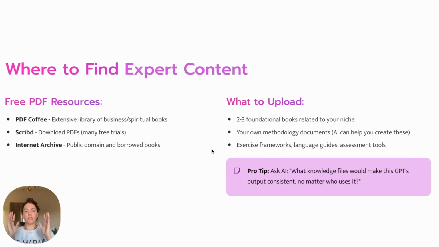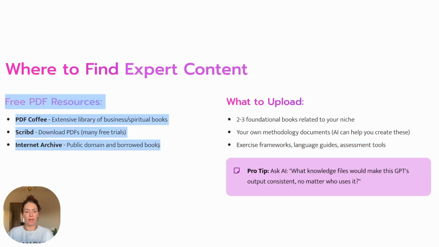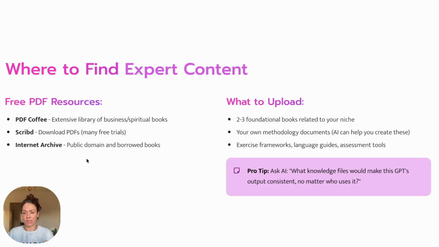Now, let's talk about where to find expert content. I want you to include both your own methodology and documents that you can have AI help you create: any of your language guides, assessment tools, information about your brand, tone, and voice, and then also some free PDF resources. PDF Coffee is a really good one.